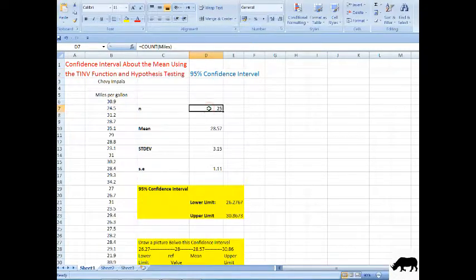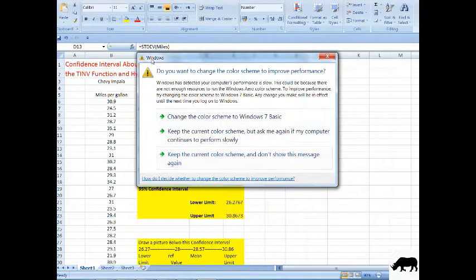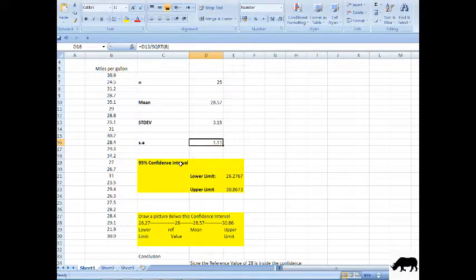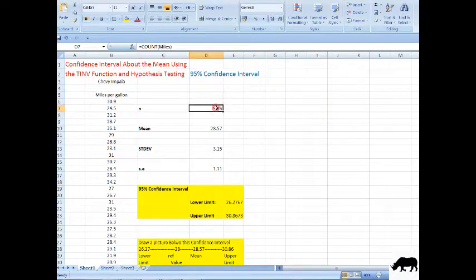So for this we need the n count of the number of tests, we need the mean, the average, we need the standard deviation, we need the SE, standard error of the mean, and here is the 95% confidence interval. How do we get this?